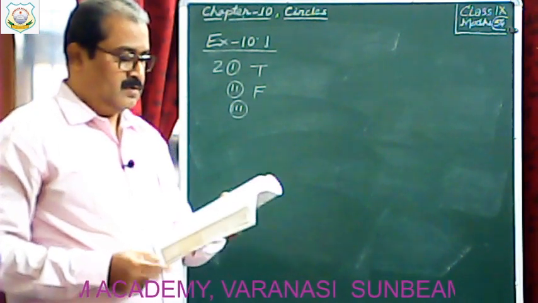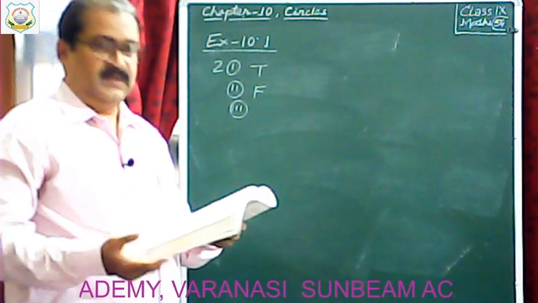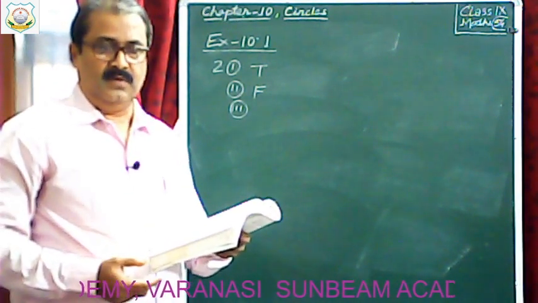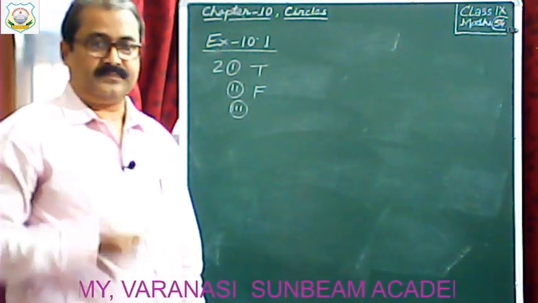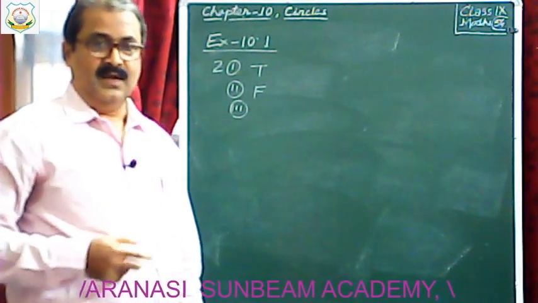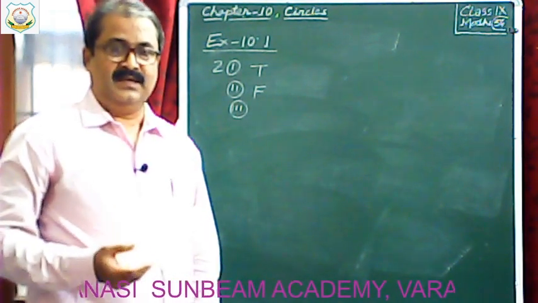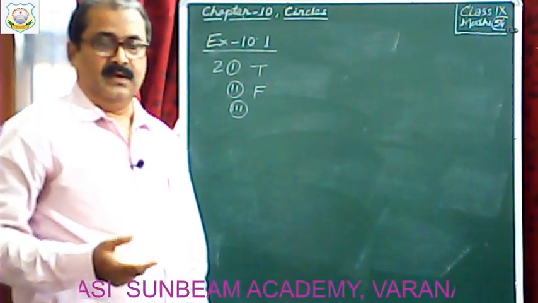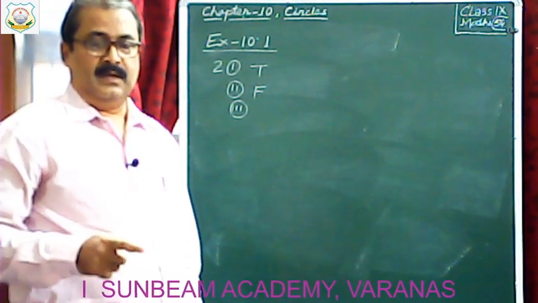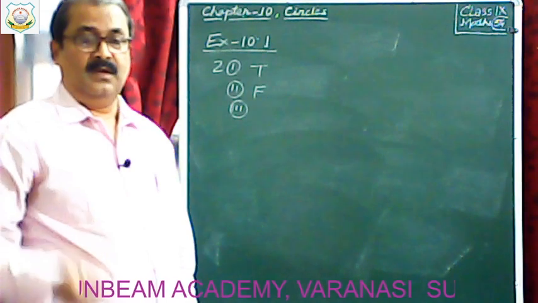If 3 equal arcs are drawn in a circle, then how can each be a major arc? 3 arcs each subtending more than 180 degree at the center means more than 180 into 3, 540 degree.